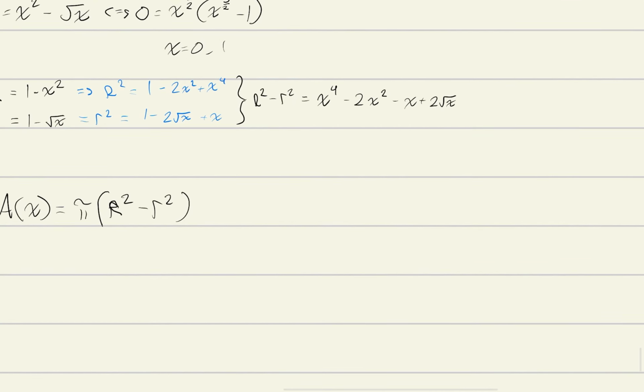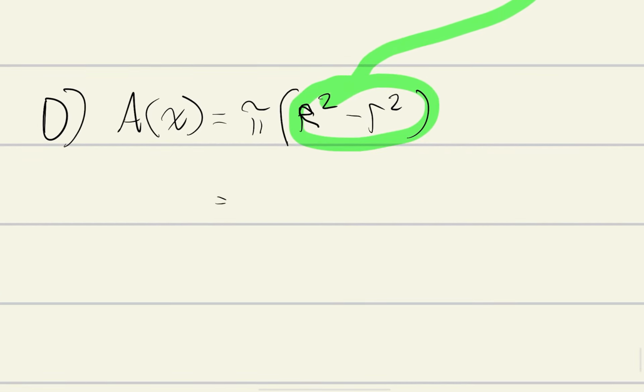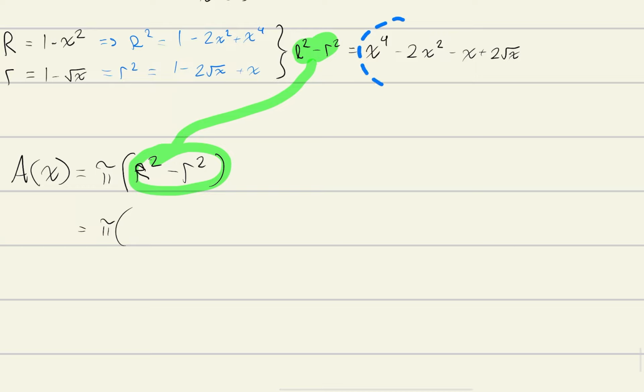So now we can plug big R squared minus little r squared into here. And we would get pi times this value.